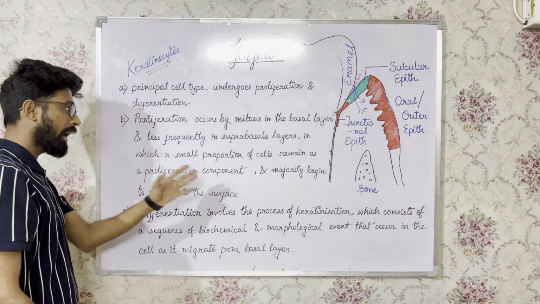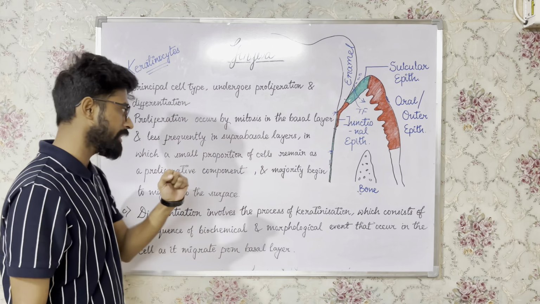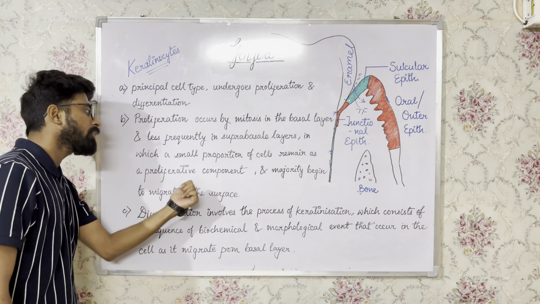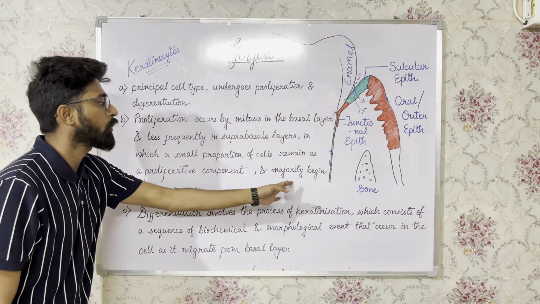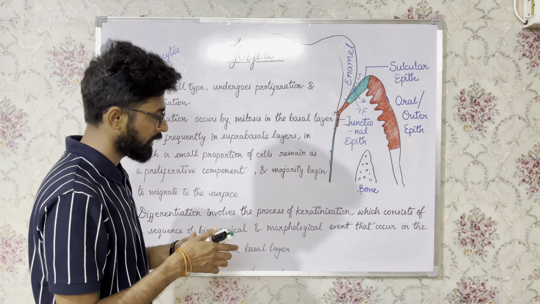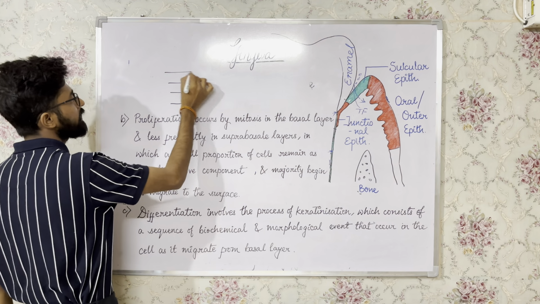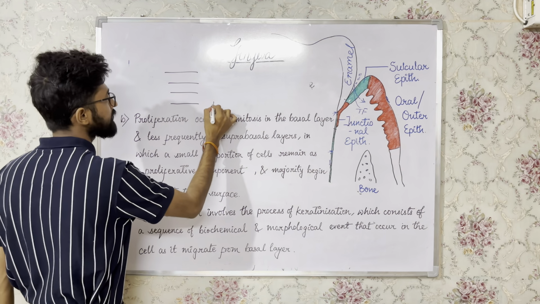Okay, and what happens here, a small proportion of the cells remain as a proliferative component and majority begin to migrate to the surface. इसको थोड़ा सा समझते हैं. Okay, so suppose these are the 4 layers that we have studied. This is the basal layer.